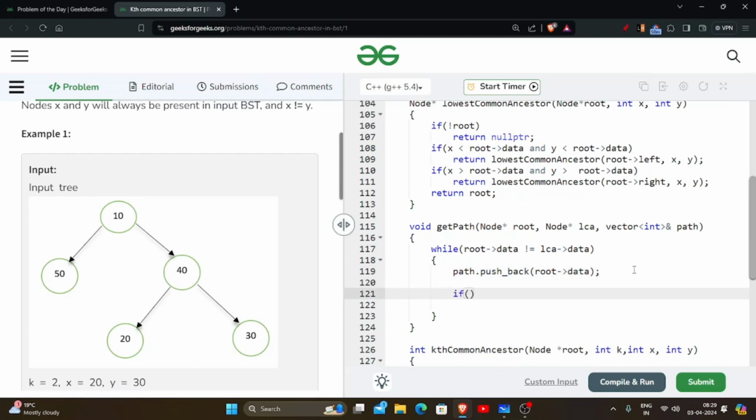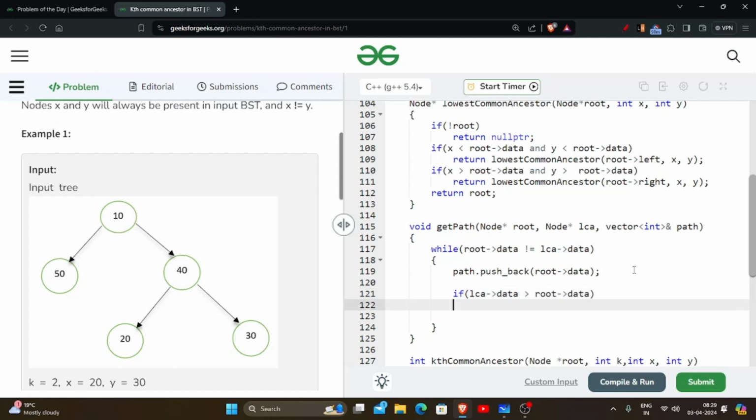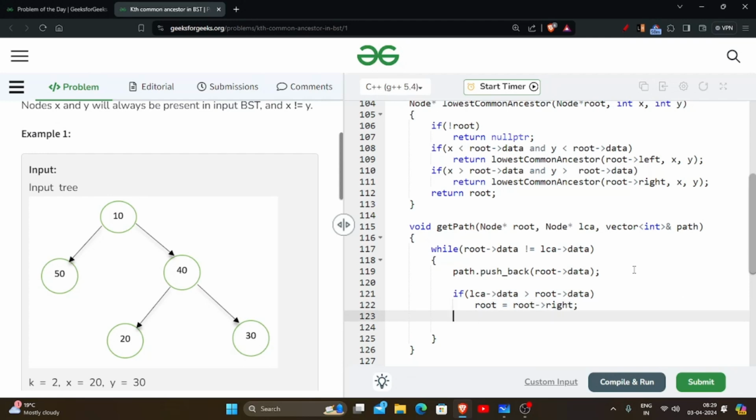And now I can move simultaneously: if my LCA data is greater than my root data, then I just move root to root right. Else, my LCA data is less than root's data, which means it resides in the left subtree, so I can just say root equals root left.